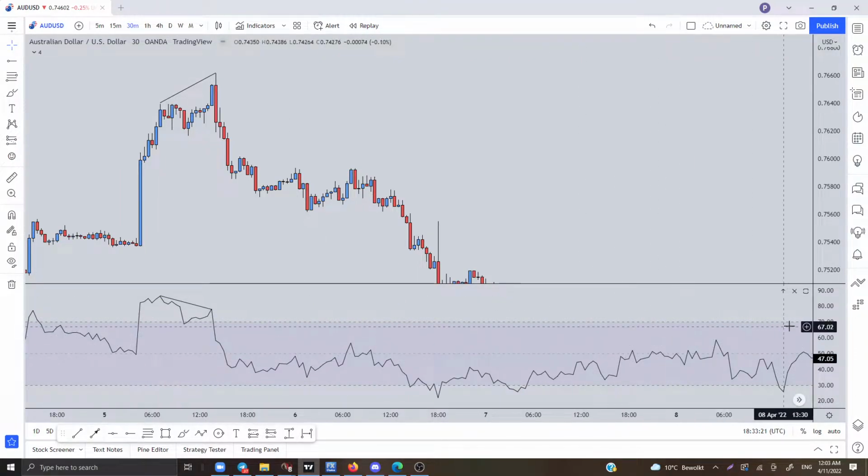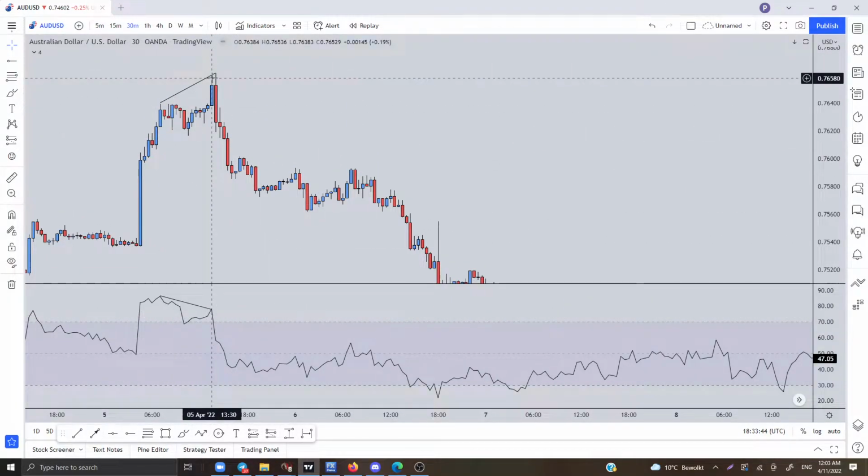So that's also an interesting thing: the 70 and 30, your threshold values. This is also happening above your threshold high values, so that's an added advantage. You're seeing price making higher highs, RSI is making lower highs. So this is a perfect divergence.